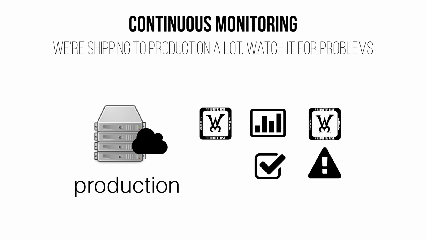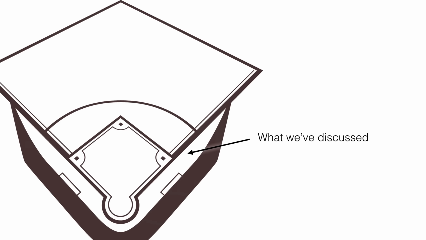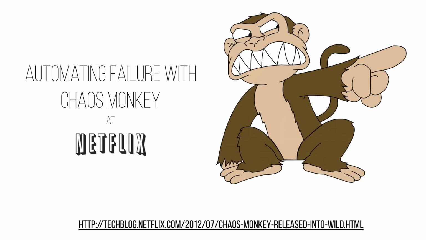So that's DevOps. But really what I've discussed to this point is just the first base of DevOps. There's a lot of things you can do that are really sophisticated and I think reveal the degree to which the nature of software development organizations are changing, the relationships between people in those organizations are changing, and their practices are changing, and it's enabled by technology. My favorite example of this is the automated failure detection or failure generation, I should say, at Netflix with Chaos Monkey.